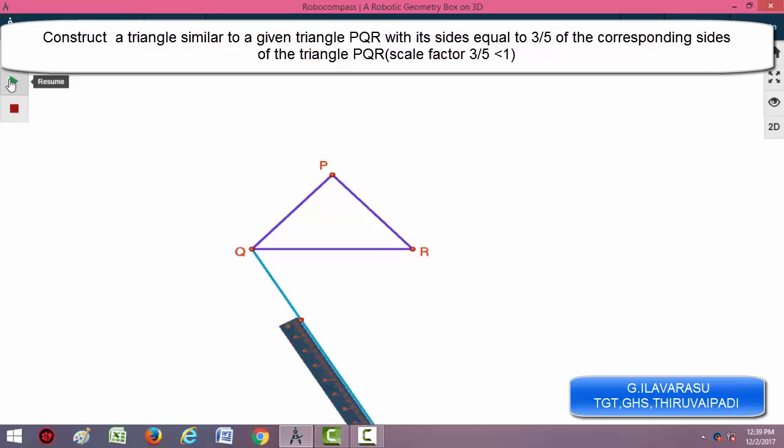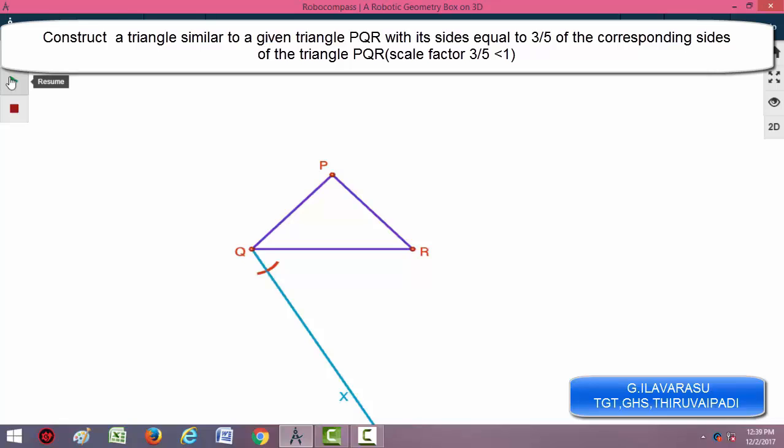We need to see which is bigger. 5 is bigger. The denominator is the scale of the given triangle and the numerator is the scale of the required triangle. So the denominator is 5 and the numerator is 3. So the given triangle is of scale 5 and the required triangle is of scale 3.